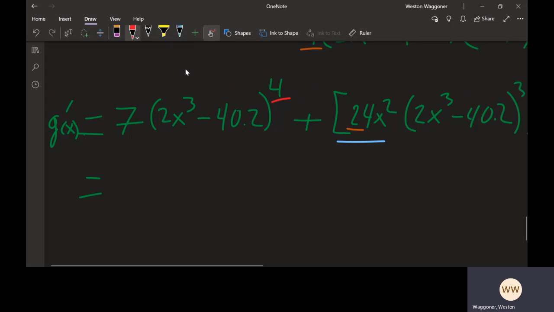Also, you might be thinking, well, I could take that power of 4 and distribute it to everything else. No, we can't do that either. Some of those rules work a little bit differently, and we'd have to FOIL all these things out. And we don't want to do that.